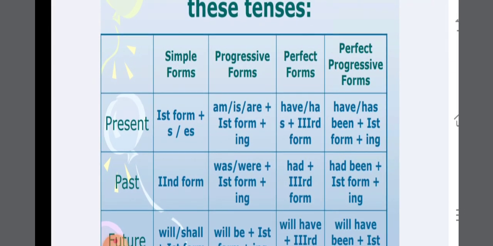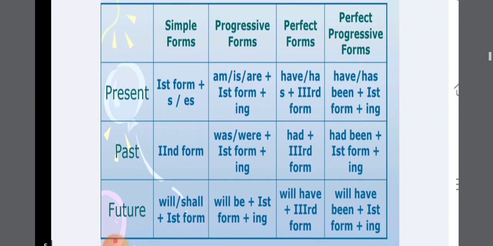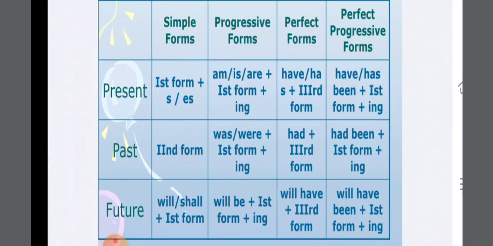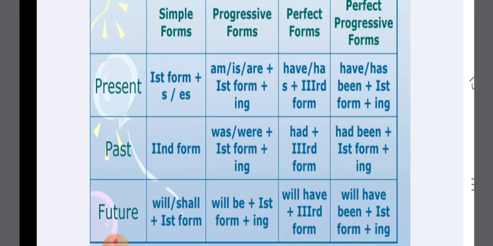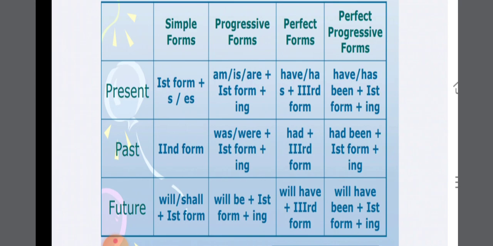In present perfect continuous: has or have plus been plus verb plus ing. In the past, the second form of the verb will be used along with the subject. In the progressive form: was or were, plus verb plus ing plus object. In the perfect form: had plus third form of the verb. And past perfect continuous: had been plus first form plus ing.